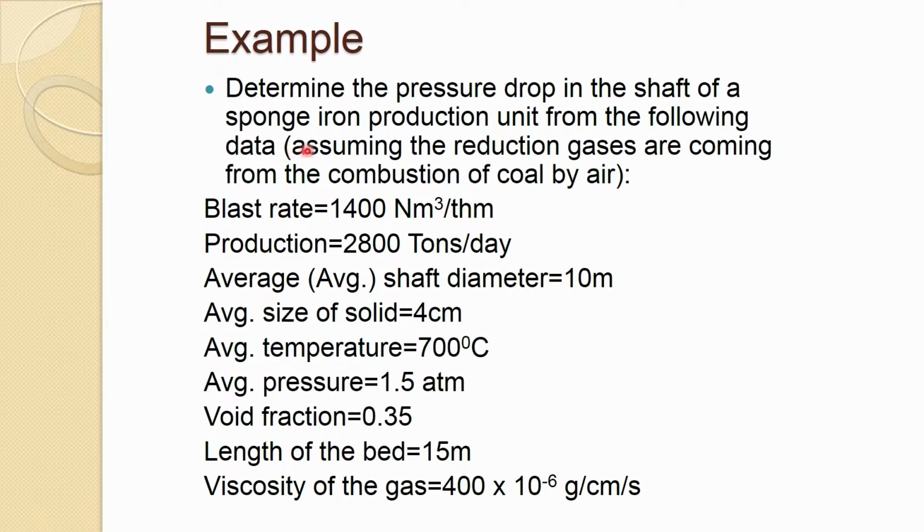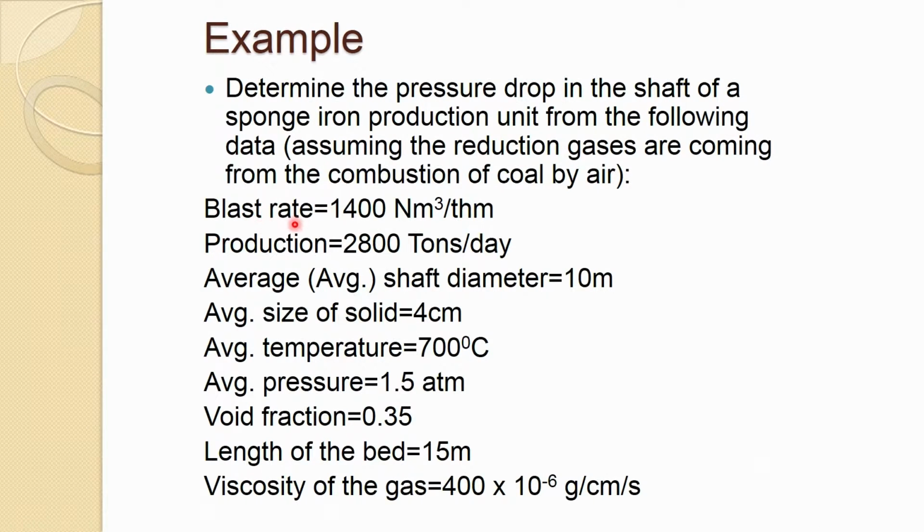I have modified this assuming the reducing gases are coming from the combustion of coal by air. So you would be having CO, CO2 and nitrogen in this, like a blast furnace sort of gases. So under that condition you have to determine the pressure drop in the shaft.